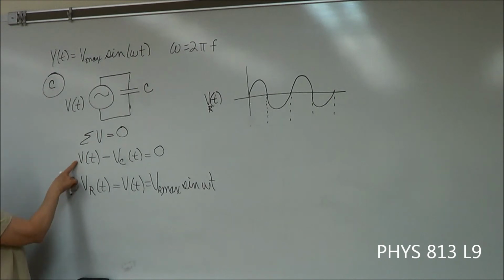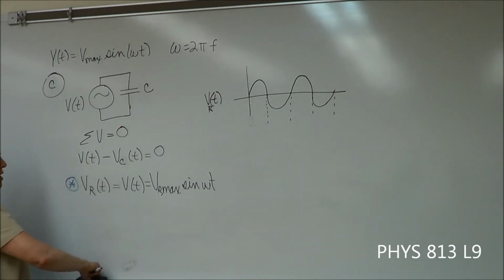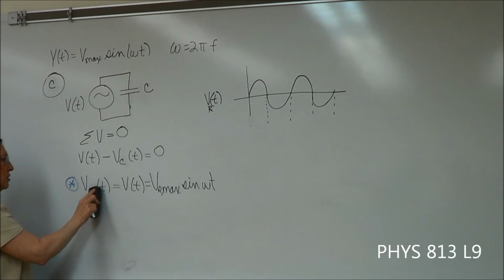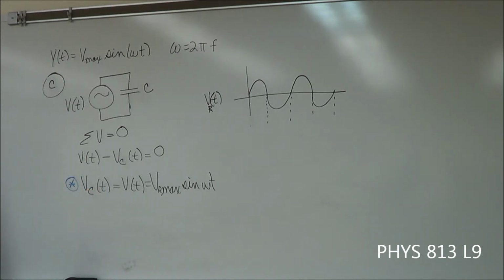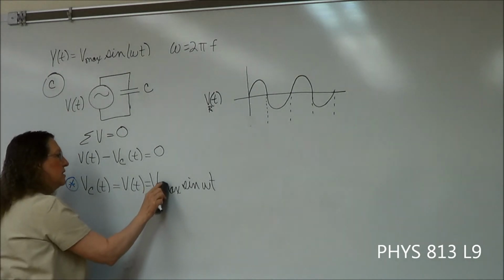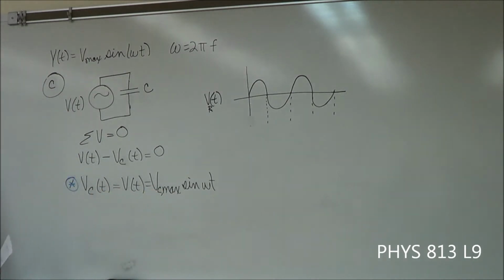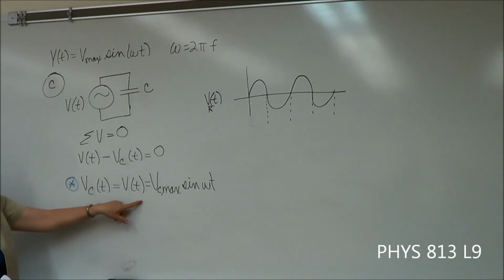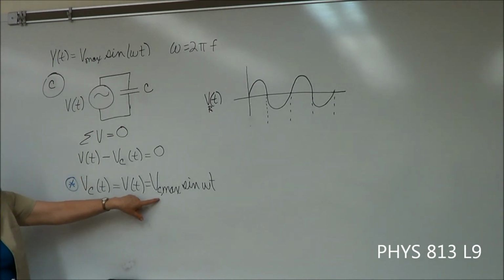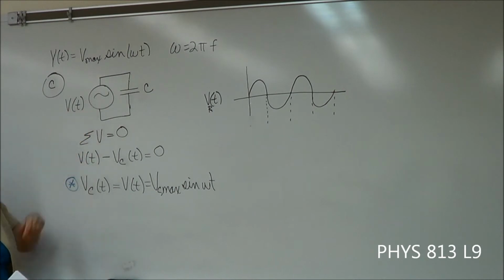So now then, again, we want the voltage across the capacitor. So we have a C there. Oh, have another C over here. Okay. So the voltage across the capacitor oscillates like the voltage of the source. Now, we need, let's see, okay, that looks right.